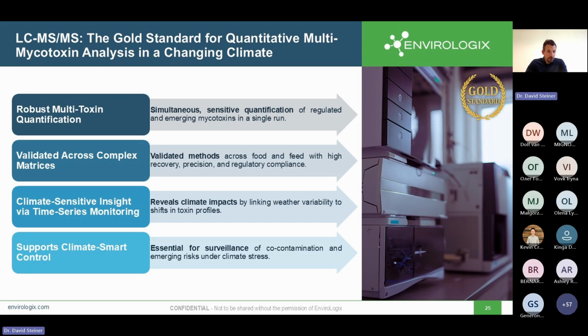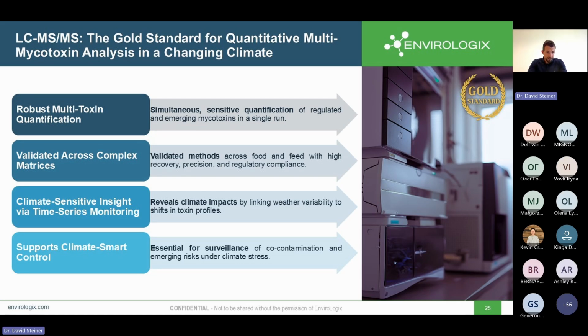So the advantages of such a triple quadrupole mass spectrometer include the possibility of tracking multiple mycotoxins, even in very complex matrices, with very high sensitivity and also robustness.